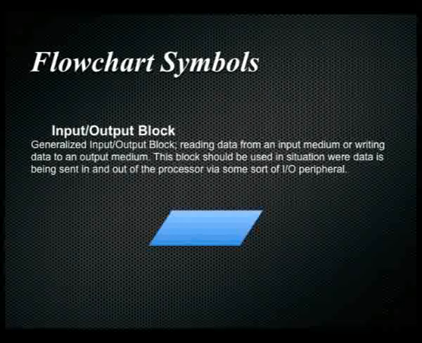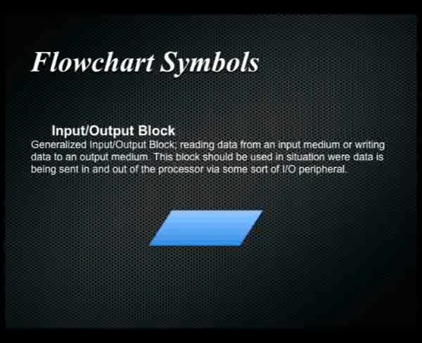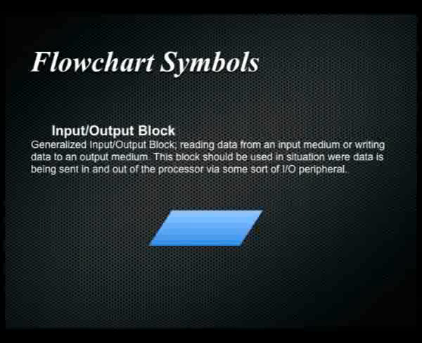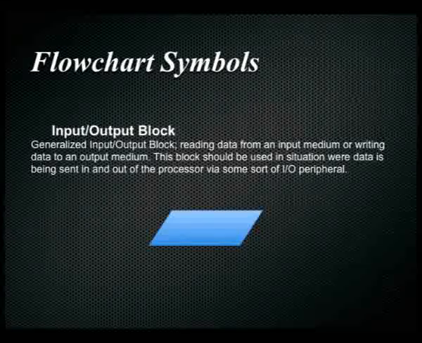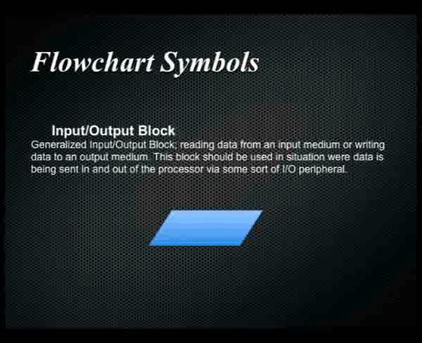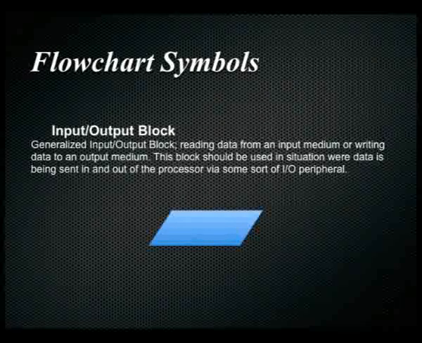So any flow of information that comes in and out of the processor. This may be information moving to an analog to digital converter, or coming from a general purpose I/O port, or coming from the serial port, so using getchar, or when writing data back to the serial port, like a putchar. These are the blocks that we might use for input and output.